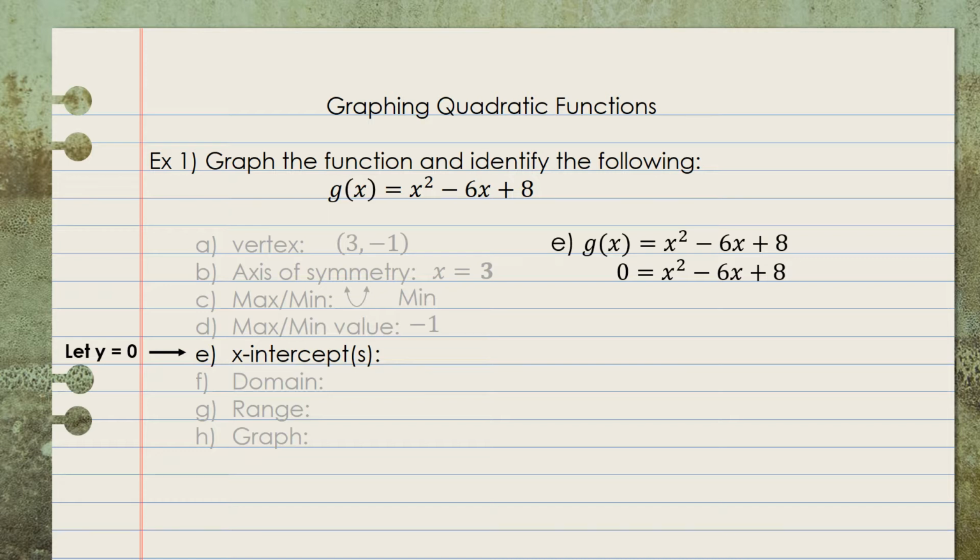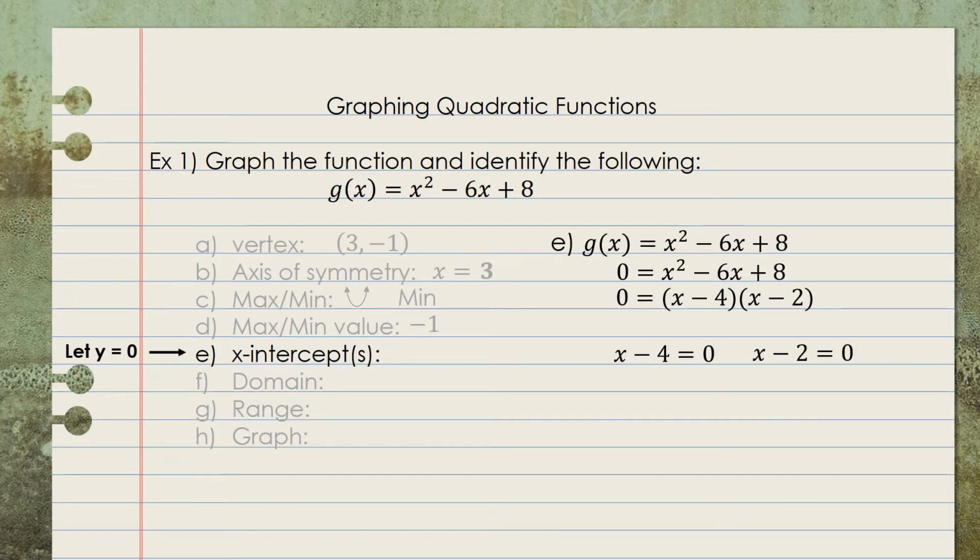Since this is a quadratic, we will try factoring. Once factored, you will find this to be made up of 0 equals x minus 4 times x minus 2. Since we have two values multiplying to give you a result of 0, we set each piece individually equal to 0. So x minus 4 equals 0, and x minus 2 equals 0.